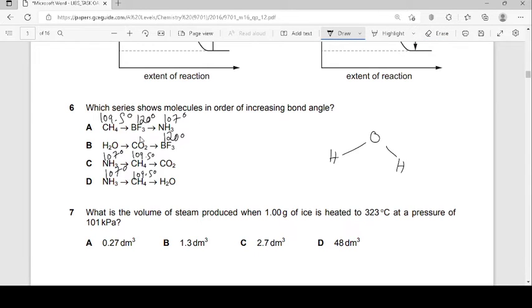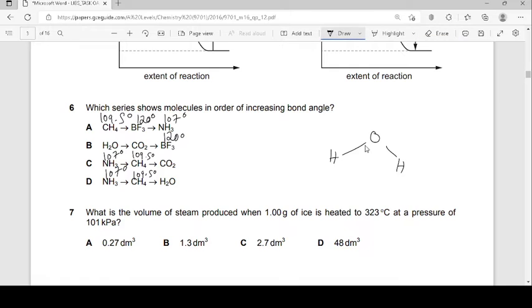Sorry, BF3 is trigonal planar. I don't know why I said pyramidal, it just came out of my mouth, but BF3 is trigonal planar. And H2O, you can call it bent, you can call it V-shaped. I prefer V-shaped, but you can call it bent as well. It's not a big deal.